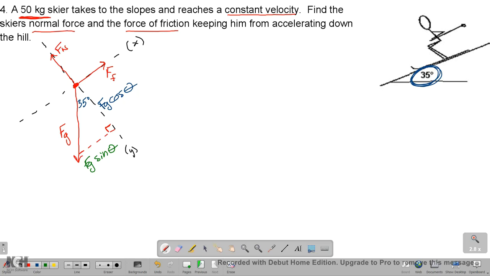So the first thing, we'll go ahead and solve for the normal force, which is in the y direction. So sum of the forces in the y direction is equal to 0. Fn is pointed up minus Fg cosine theta, which is pointed down, is equal to 0. Normal force is equal to Fg cosine theta.